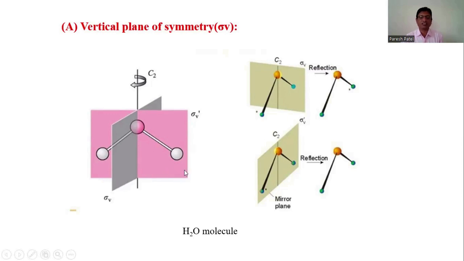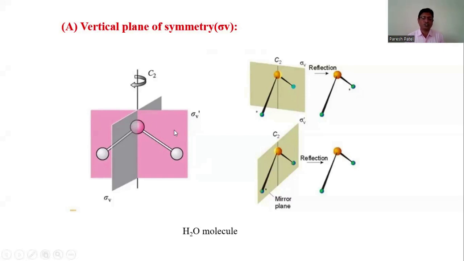And the pink colored plane can be recognized as sigma v XZ plane. Why sigma v XZ plane? This edge is parallel to the Z axis and this edge is parallel to the X axis.